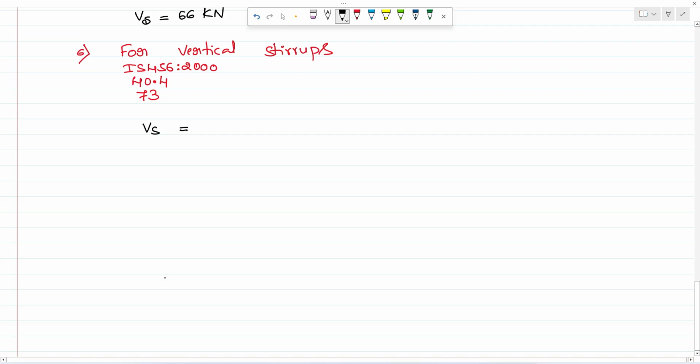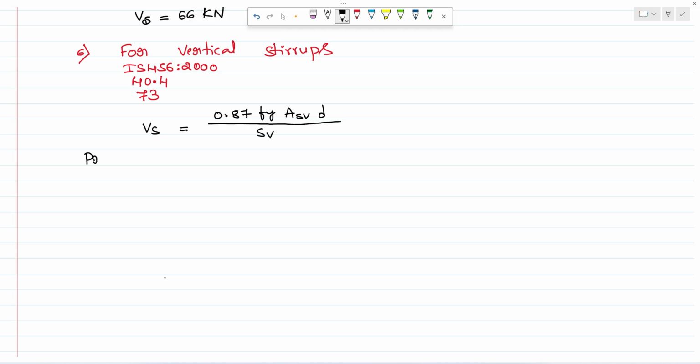So this is the formula: 0.87 multiplied by Fy ASV multiplied by D divided by SV. So provide two-legged 8 mm dia stirrups. This is my assumption.